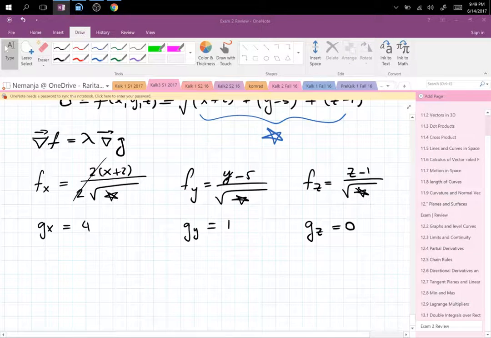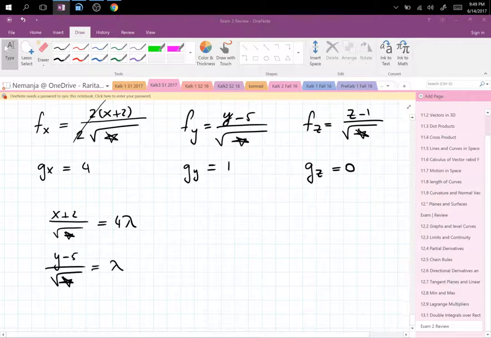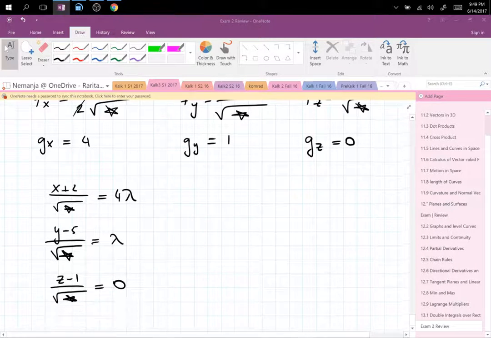So now we have x plus 2 divided by the square root of a star is equal to 4 lambda. The y minus 5 over the square root of a star, which is the whole thing over there, is equal to lambda. And z minus 1 divided by the square root of a star equals 0, since lambda times 0 is 0.